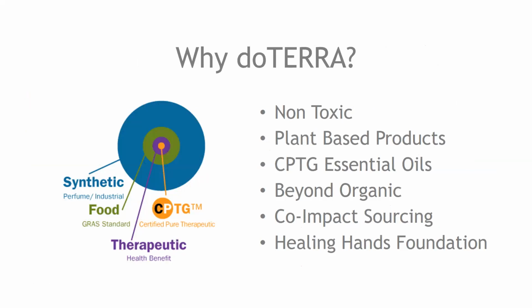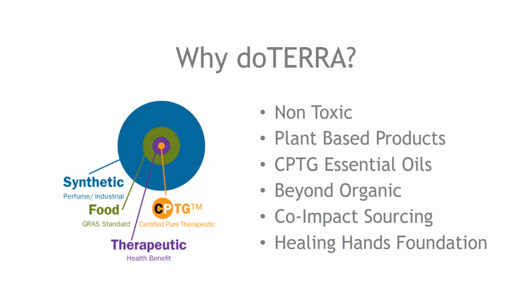Now, why doTERRA? From our chart there, you can see that there are several different types of essential oils on the market. The biggest share of those are synthetically made. They're for the perfume and cosmetic industry, the scents that are in your shampoos and your body wash and things like that.